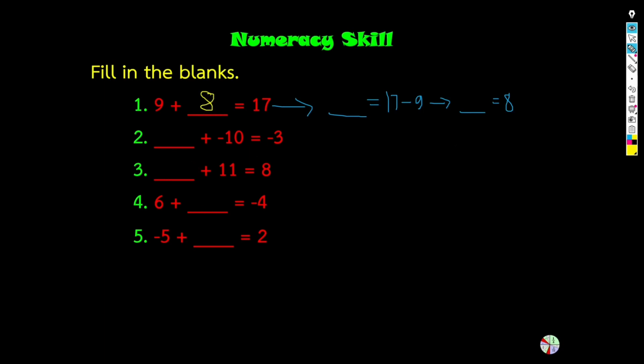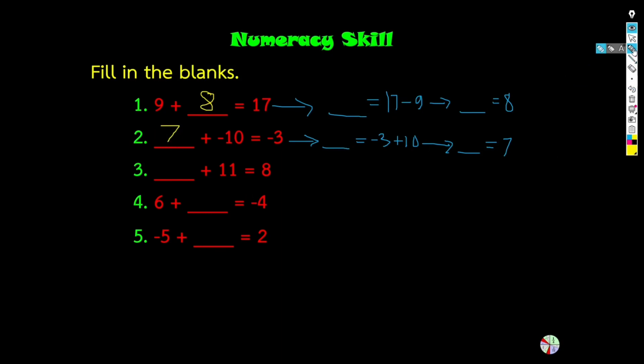Now next, go to number 2 here. So we will just transpose it. It is equal to negative 3. Transfer the negative 10, that will be plus 10. This will now be the blank, which is equal to 7. So the answer is 7.